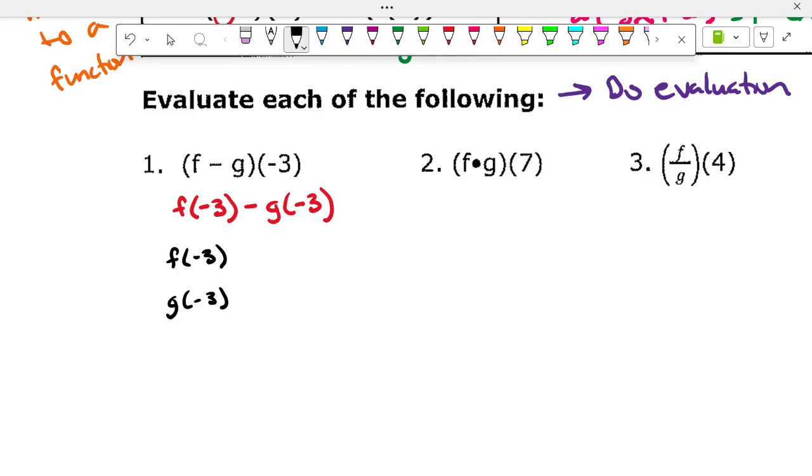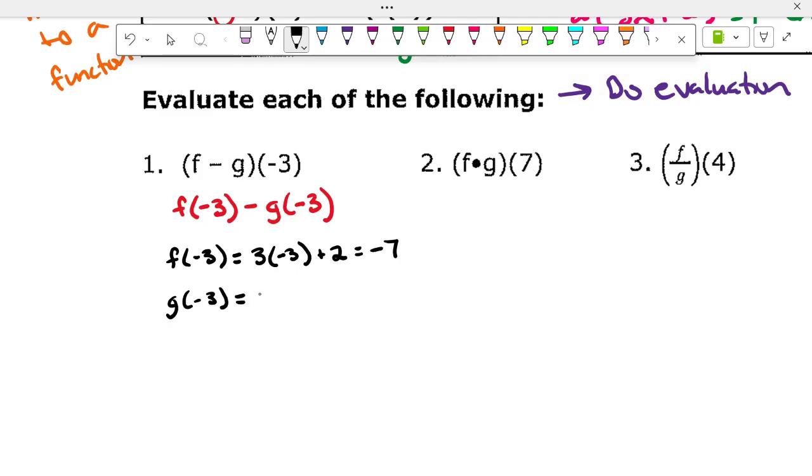So for f of x, it's 3x plus 2. So this would be 3 times negative 3 plus 2. So what's 3 times negative 3? Plus 2? Negative 7. So f of negative 3 is negative 7.